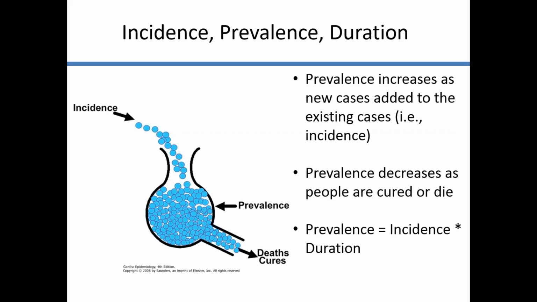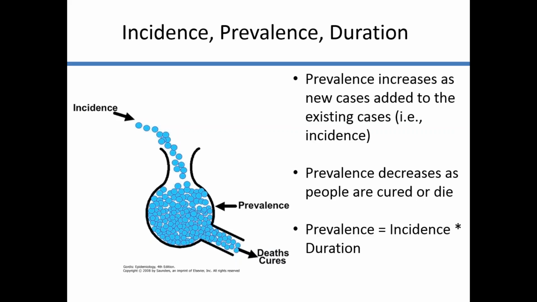And finally, this is my last point on incidence and prevalence, and that is that prevalence is a product of incidence and of input and output. New cases are bringing the disease into our population. That's how people with the disease existing got here.